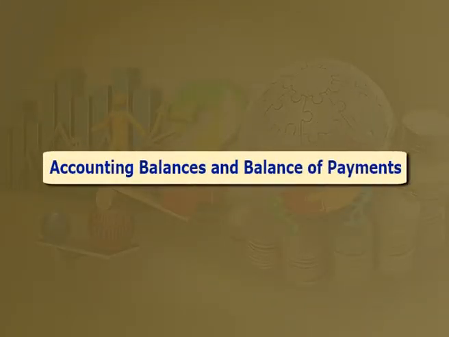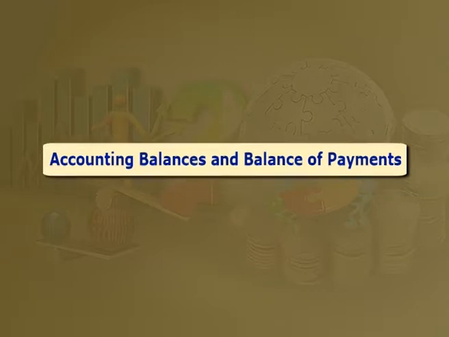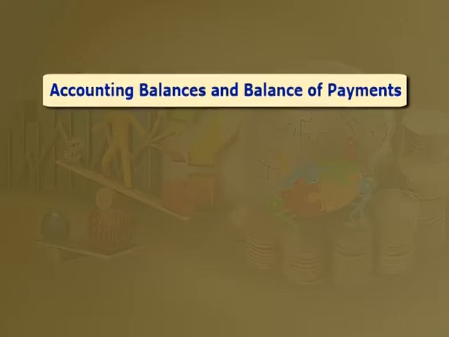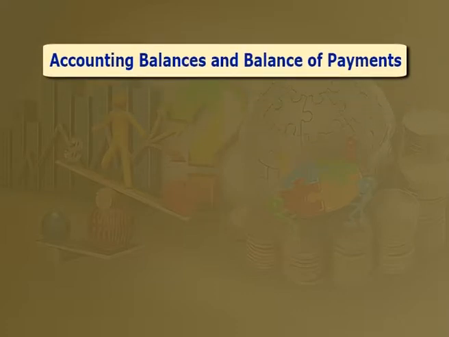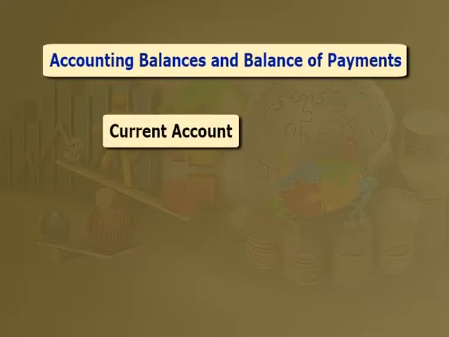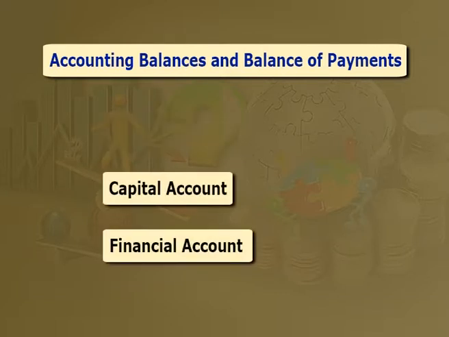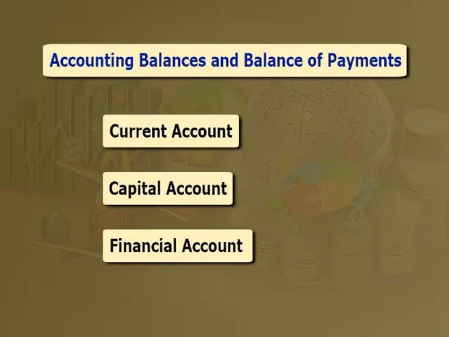Now, let us look at accounting balances and balance of payments. As we know, horizontally, balance of payment is divided into three major categories, namely current account, capital account and financial account. First, we will discuss the current account.